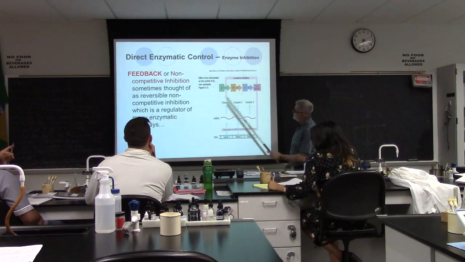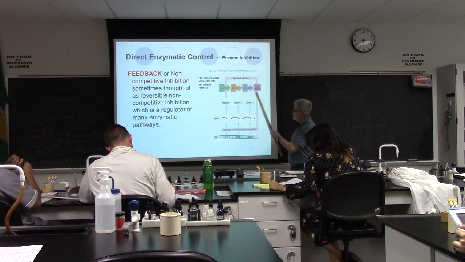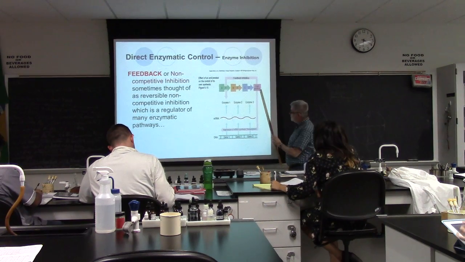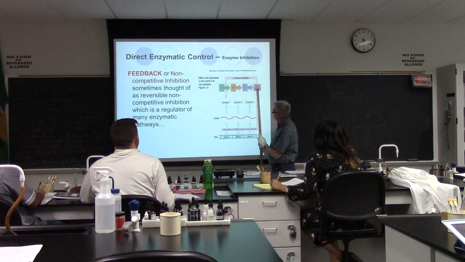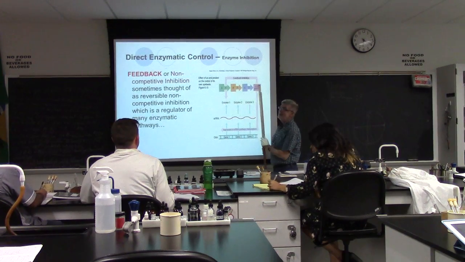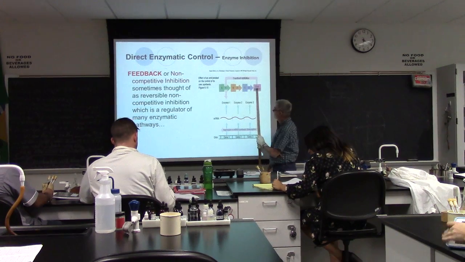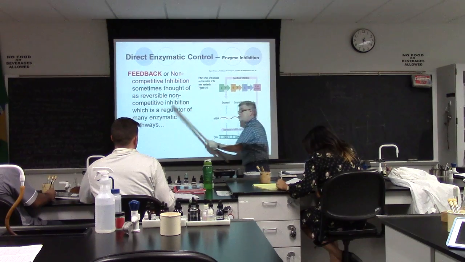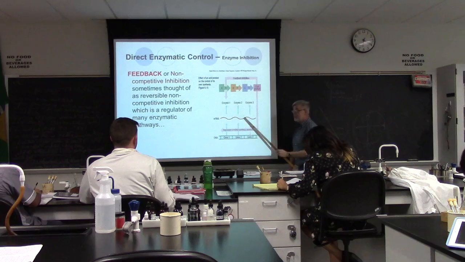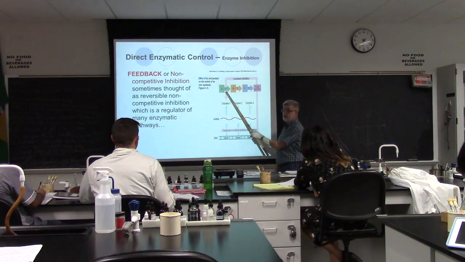And feedback is when you have a series of enzymes working together to get an end product. And what the cell does is it uses its energy to make this end product, but it doesn't need all of it all the time. It just needs a constant supply. But what it does is it fills the entire cytoplasm with the end product until by chance the end product sticks to the allosteric site of the first enzyme.